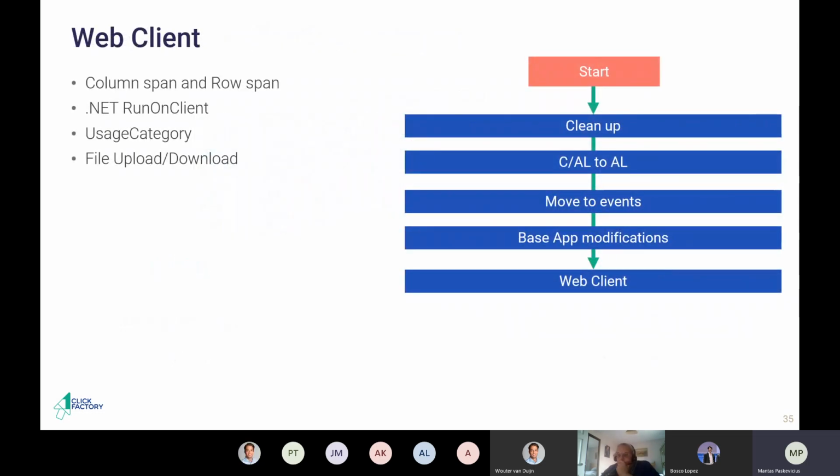If I have been using an application which still did not have the web client, or my customer has not yet been using the web client, the next step at One Click Factory is a step called web client reimplementation. What we do here is reimplement the functionality which is not possible on the web client, because the web client still has a number of limitations.